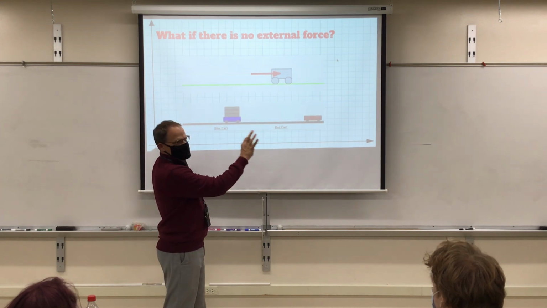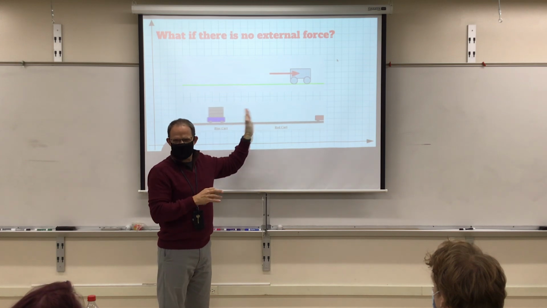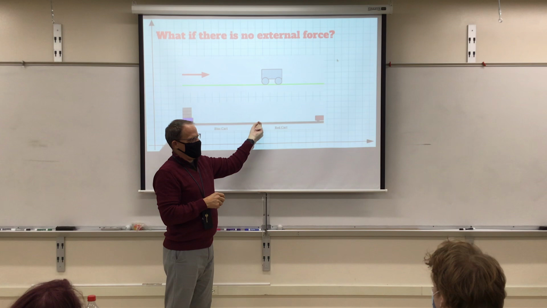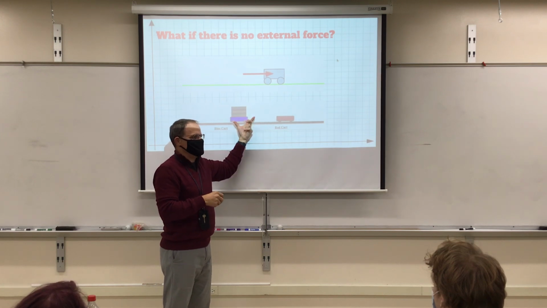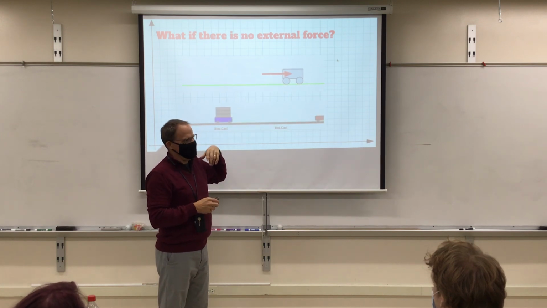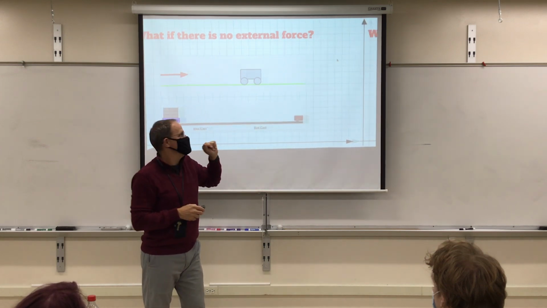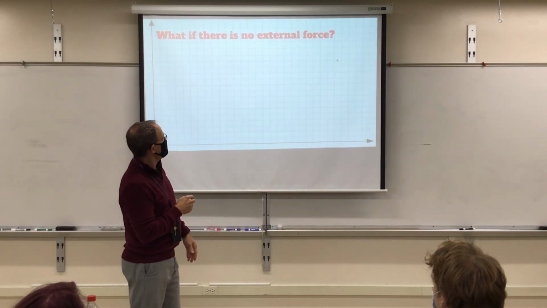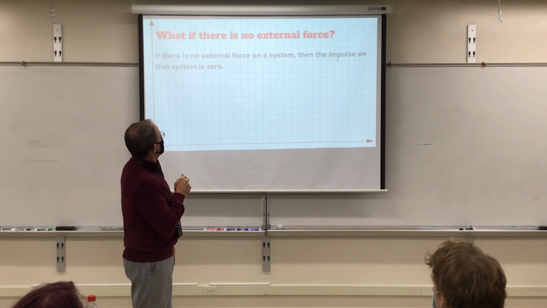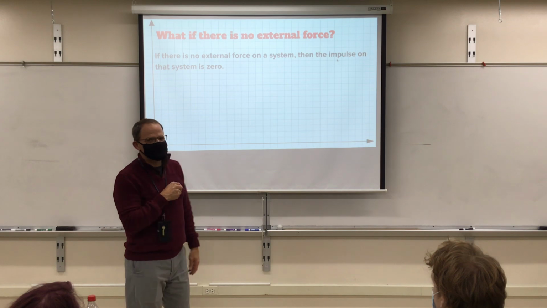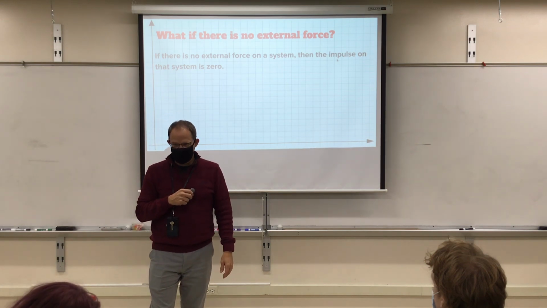There's nobody on the outside messing with this, shoving it. Okay? There's maybe a spring in there that was compressed and it detonated, or an explosion or something. But that's an internal force. So again, in this system down here, there are no external forces. So here's what we can learn from that. If there's no external force on a system, then the impulse on the system is 0.